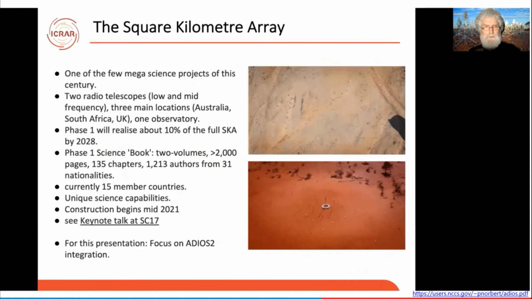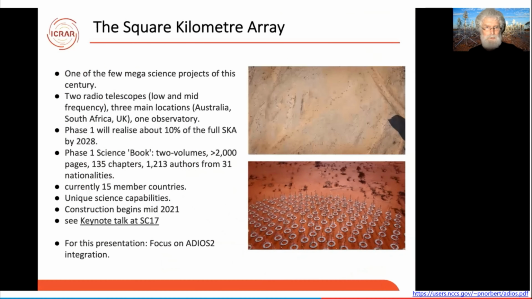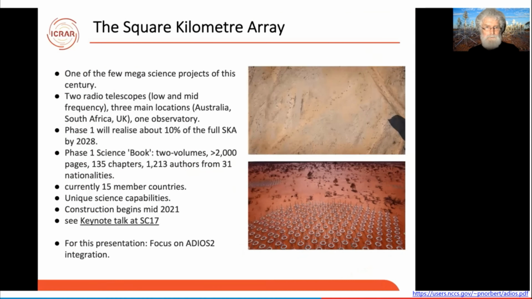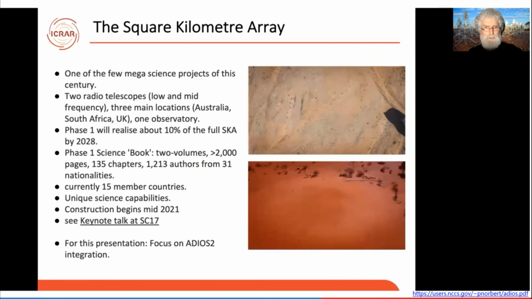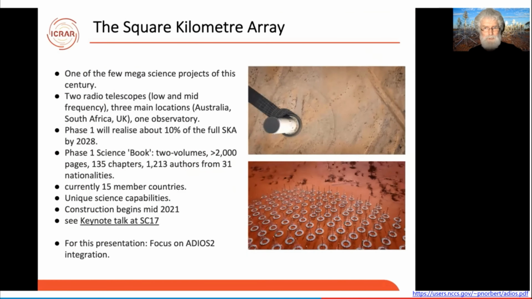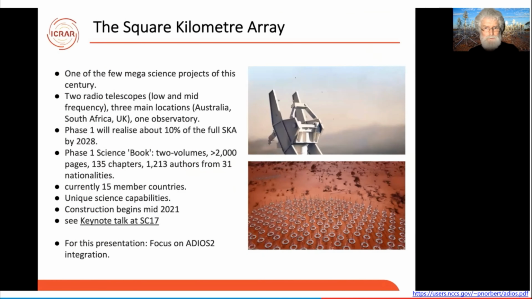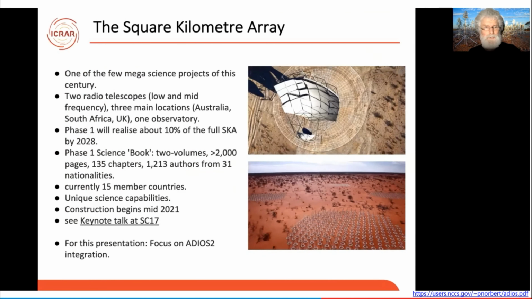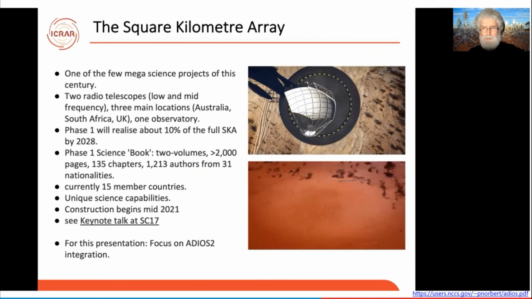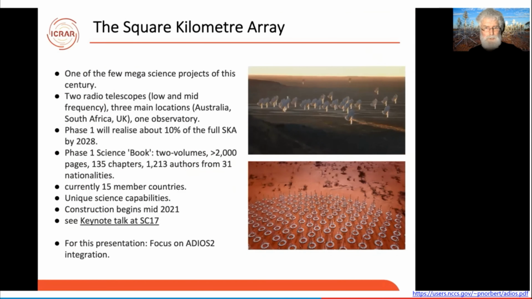Let me first introduce the Square Kilometre Array. The SKA will be one of the few mega science projects of this century. It will consist of 2 radio telescopes, one in Australia, a low frequency telescope, and one in South Africa, a mid frequency telescope. The headquarters will be based in the UK.